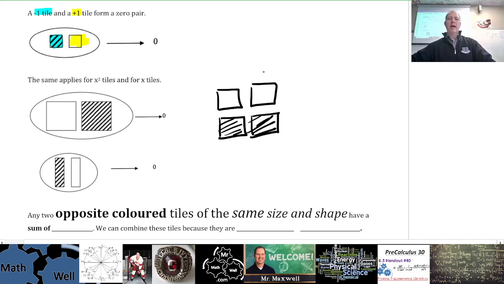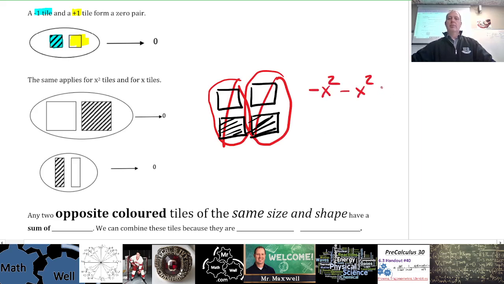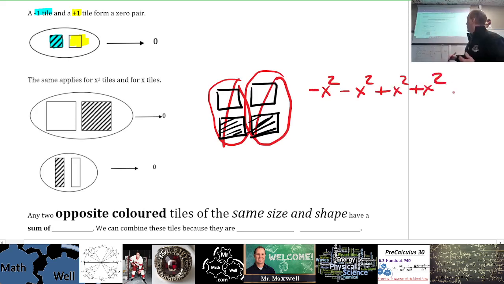However many we have, as long as it's the same number, those are going to cancel out. So obviously, these two would cancel out, and these two would cancel out. So that would be a -x squared plus x squared plus x squared. And those would all cancel out.